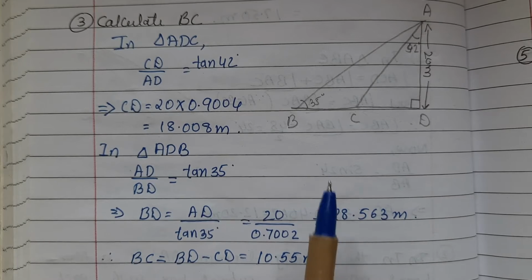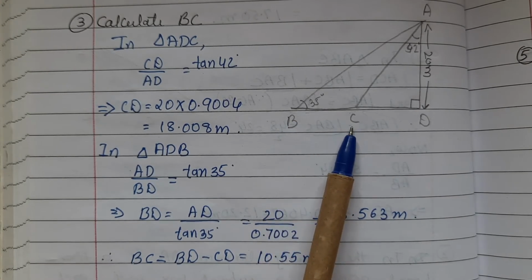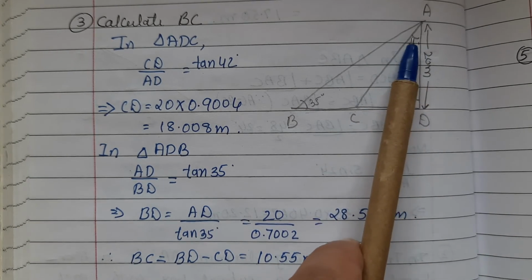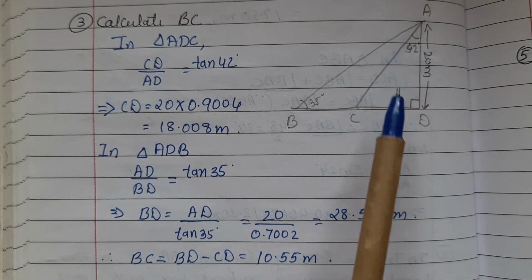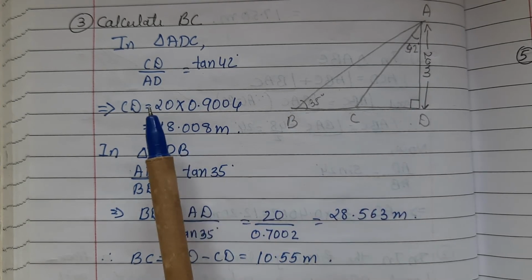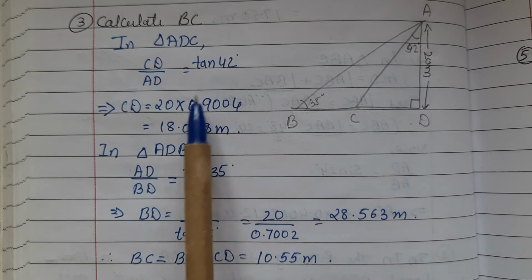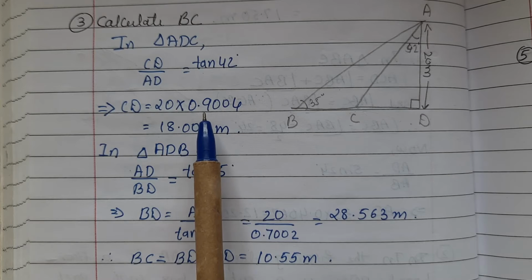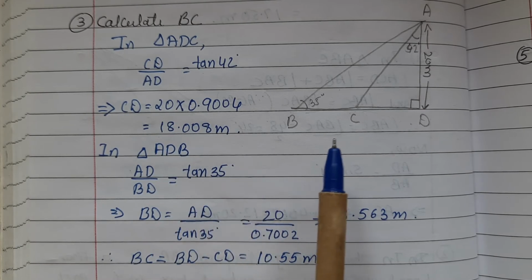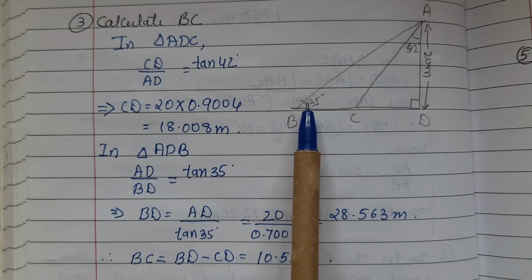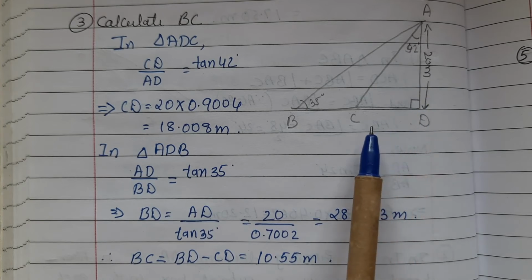Sum number 3. Calculate BC. In triangle ADC, tan 42 degrees is CD upon AD. Therefore, CD is equal to AD, that is 20 into tan 42, which is 0.9004. 20 into 0.9004 is equal to 18.008 meters. Now, in triangle ADB, tan 35 degrees is AD upon BD.